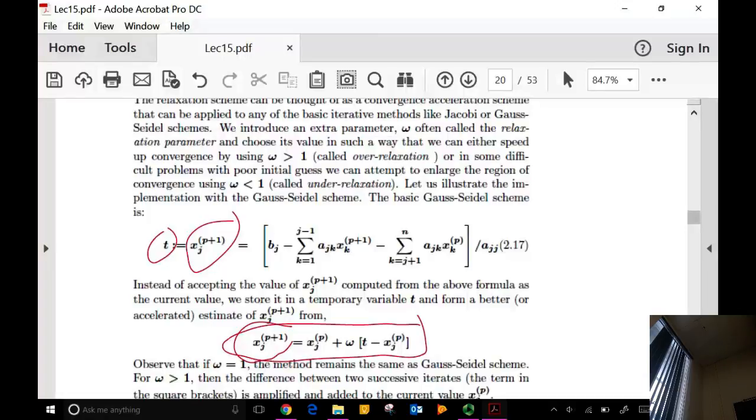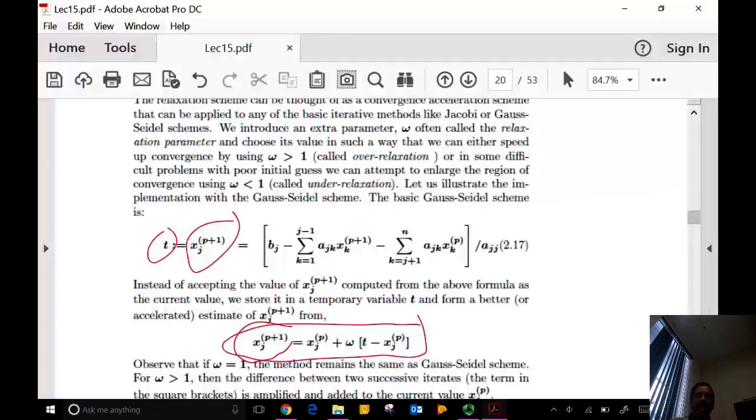But in the successive over-relaxation method, you take that and find the difference between this and the old value, and then relax it. This number is called the relaxation factor. It can be greater than 1 or less than 1. If it is greater than 1, it's called over-relaxation. If it is less than 1, it's called under-relaxation.